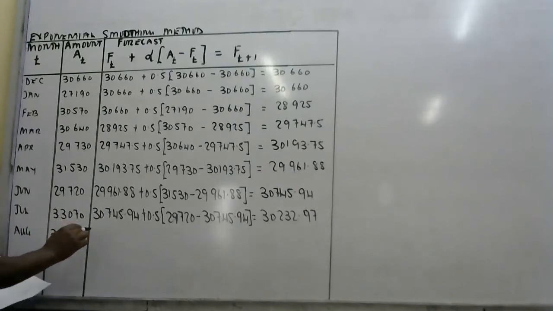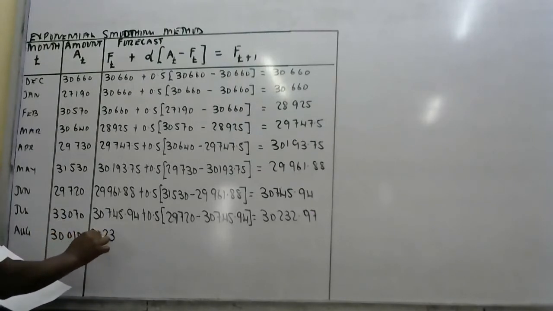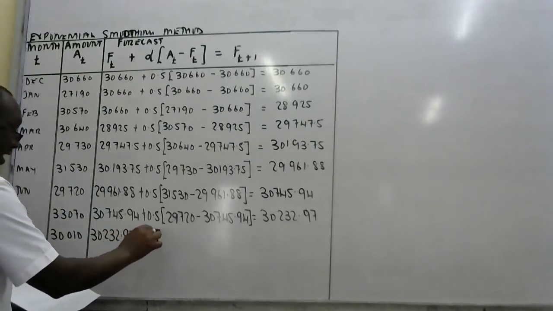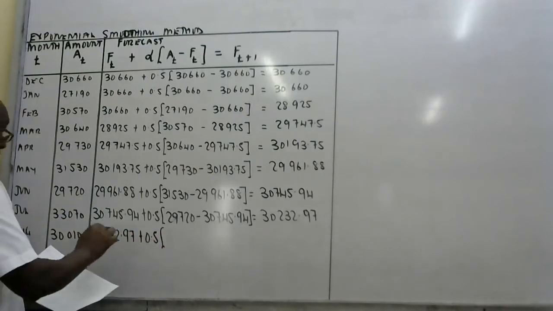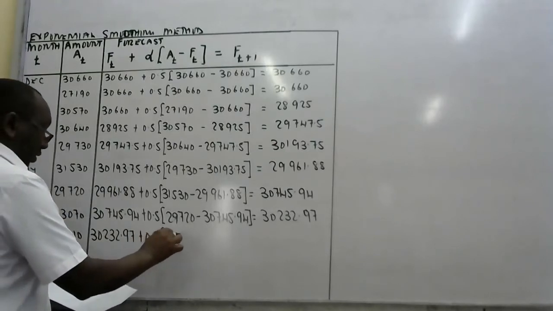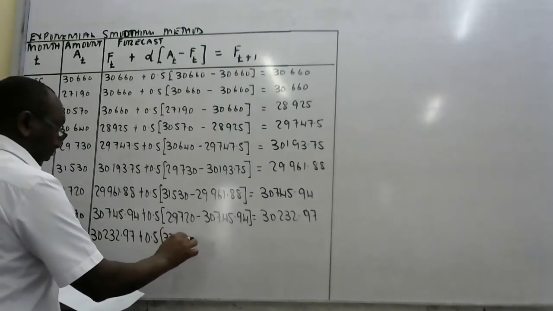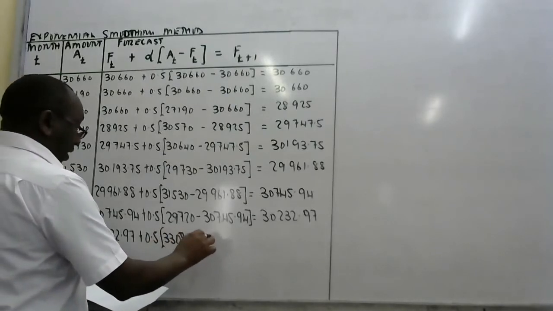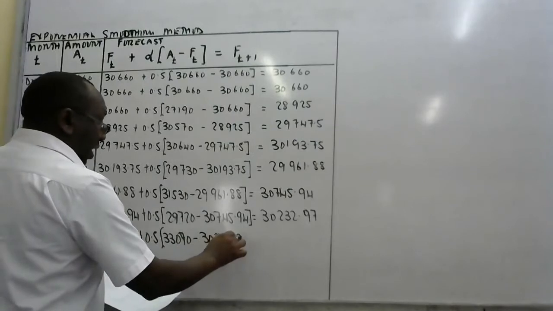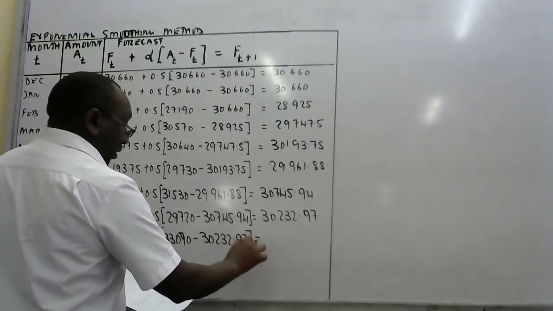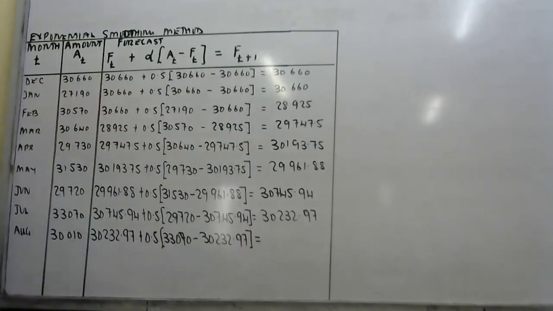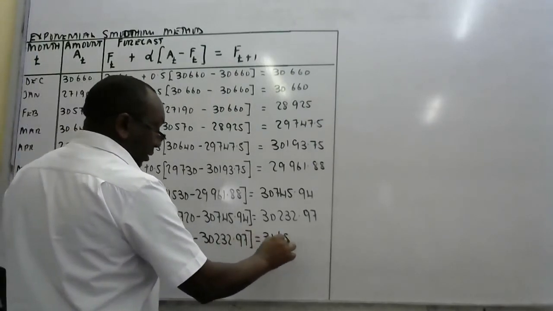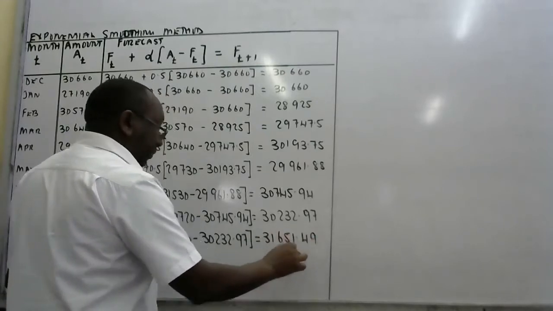So it is 32.97 plus 0.5. The actual is 3070 minus 32.97. That's 1,051.49.